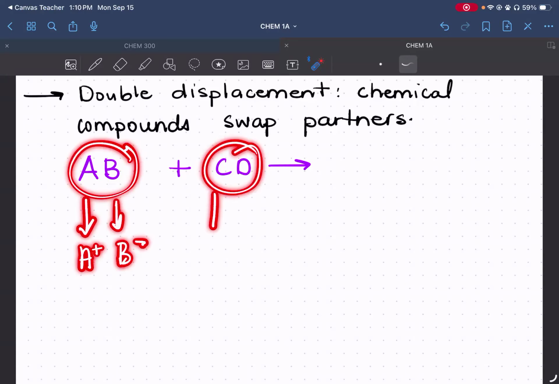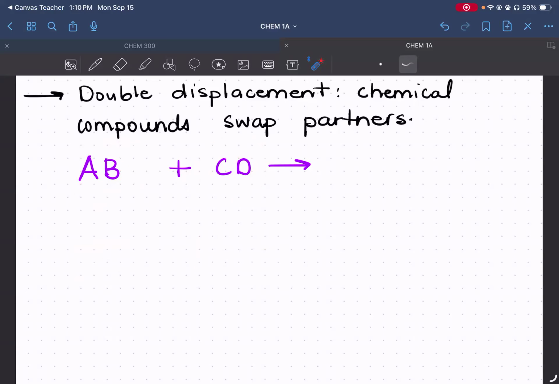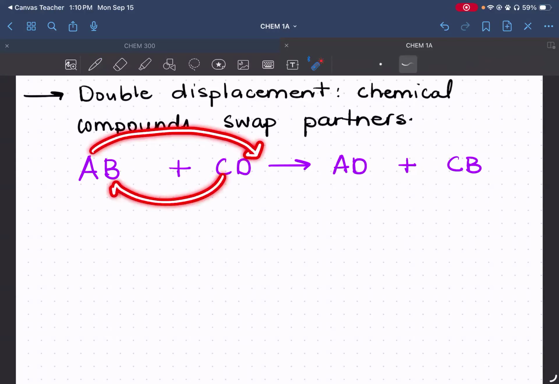Same thing for CD. These are 2 different ions. So chemical compounds already, they're going to end up swapping partners, resulting in AD plus CB. So A goes over with D, C goes over with B.